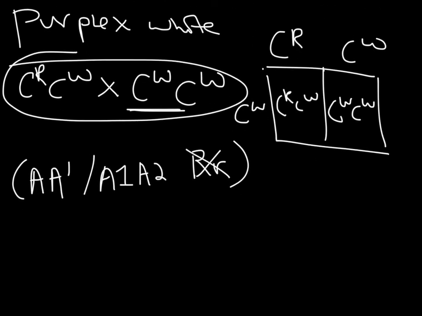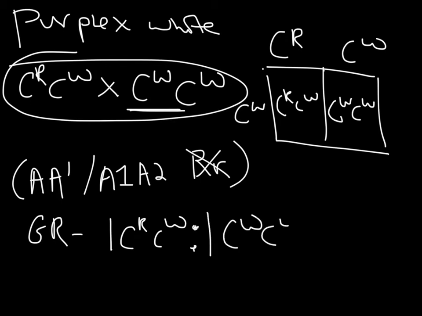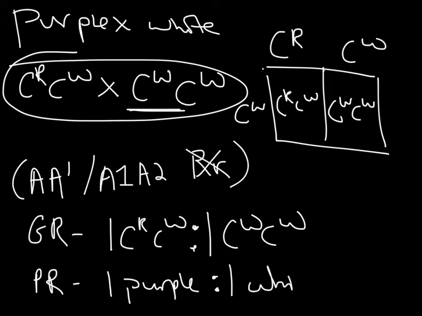They ask us for genotypic and phenotypic ratio. Let's give them the genotypic ratio. Genotypic ratio is 1 CRCW to 1 CWCW. Phenotypically, that's going to give us 1 purple radish to 1 white radish.